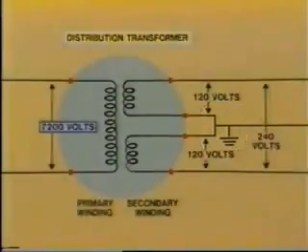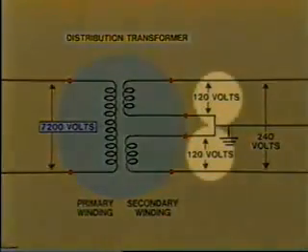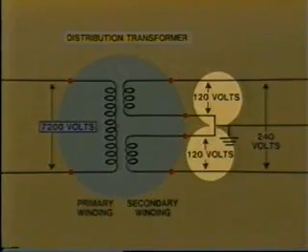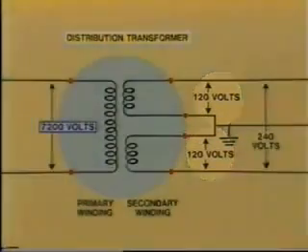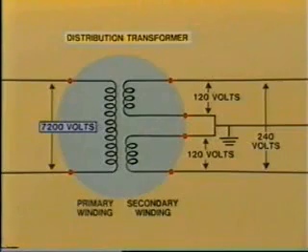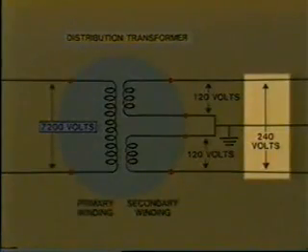With this connection, the customer can obtain 120 volts between the grounded center tap and either one of the two outer secondary leads. He can also obtain 240 volts between the two outer secondary leads for operation of heavy appliances such as the household stove.